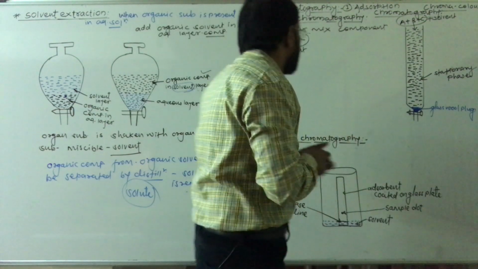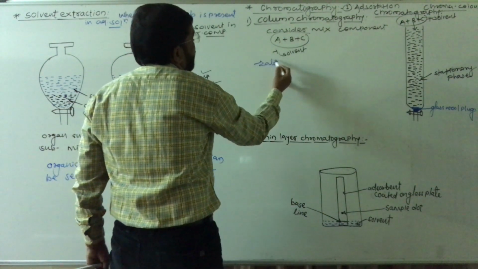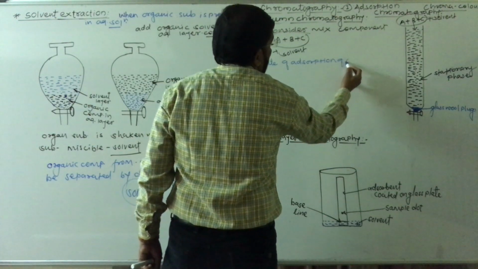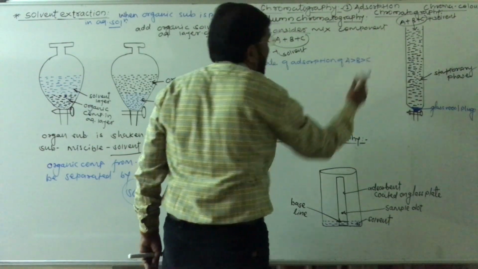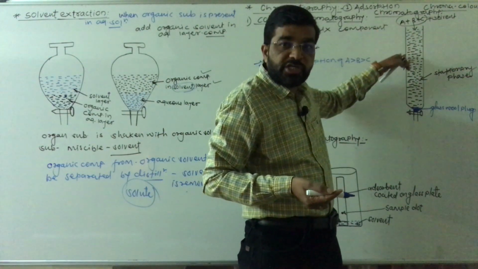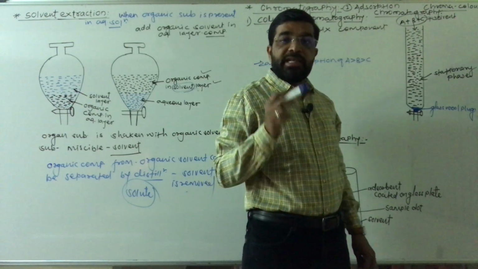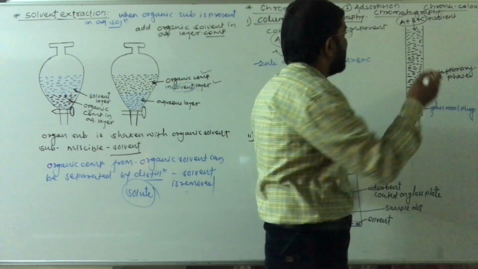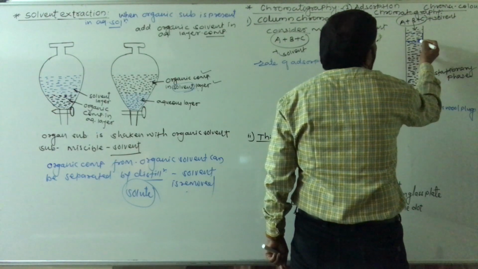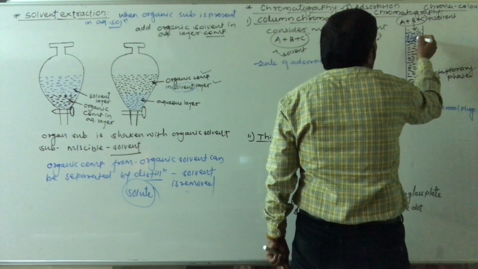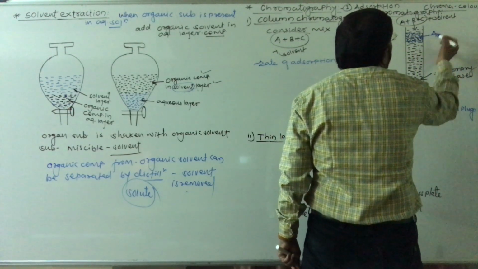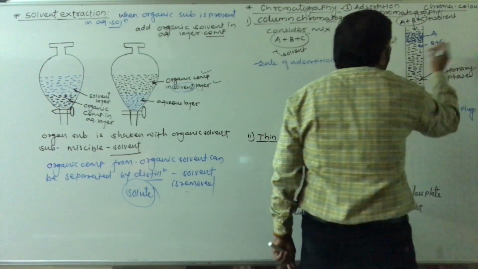But here, suppose the rate of adsorption of A is greater than B, and B is greater than C. Then while going down, along with the solvent, the rate of adsorption of A is greater than B. So suppose from this point A starts to adsorb, and within this portion the component A gets adsorbed. Now B plus C go down.